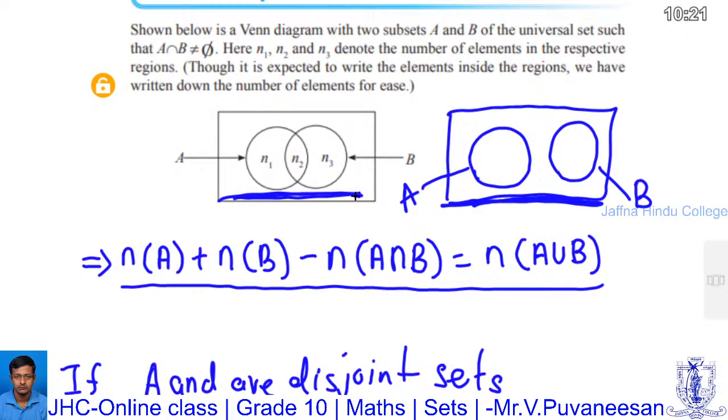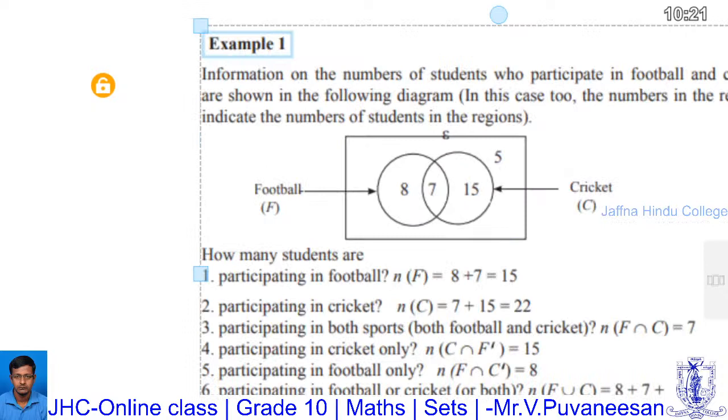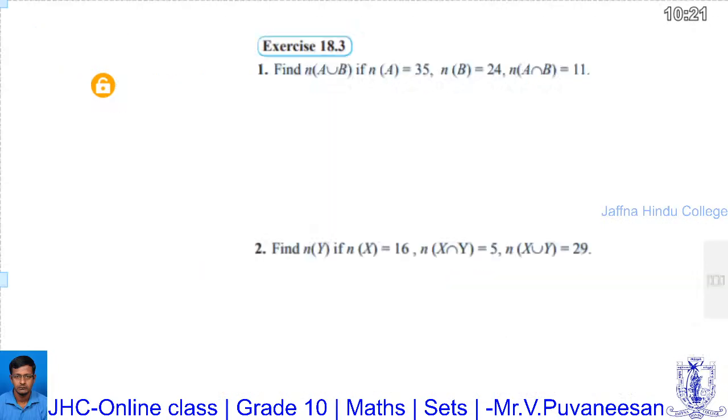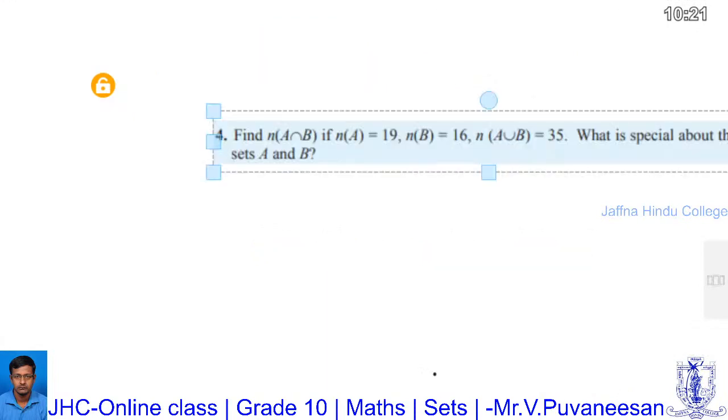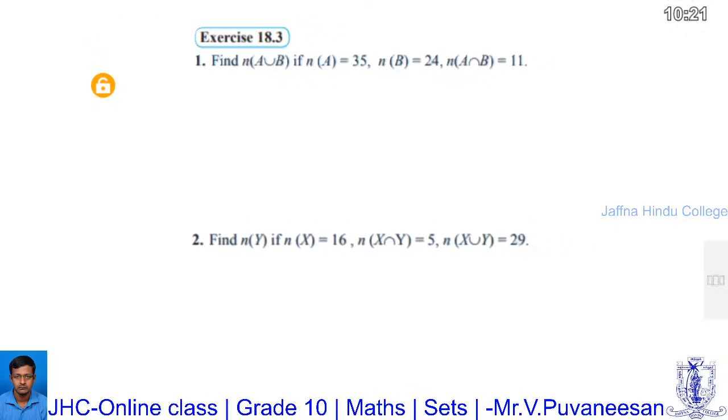So now we move to the exercise. These examples were seen in the last class. Now we move to exercise 18.3. This exercise is in your textbooks also, so you can see the questions in the textbook or on the screen.